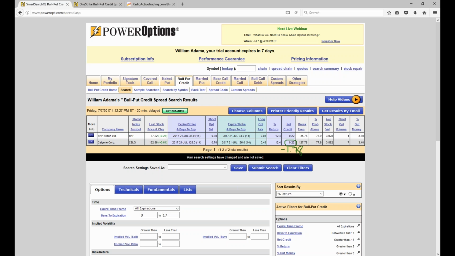But if I went 7 days out on Celgene and I got a 6 cent net credit for a 2 point spread, that means I'm risking 194. And if my average for a 5-day trade is 6 cents, but I take a full loss of 194 for one of those weekly trades, what did you wipe out?